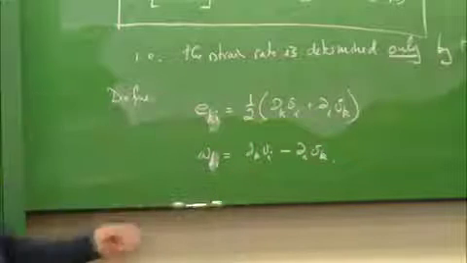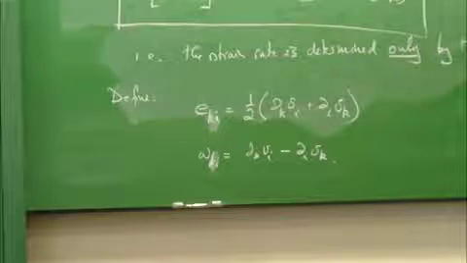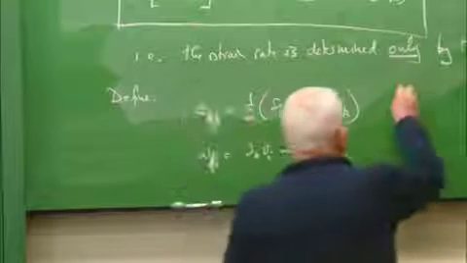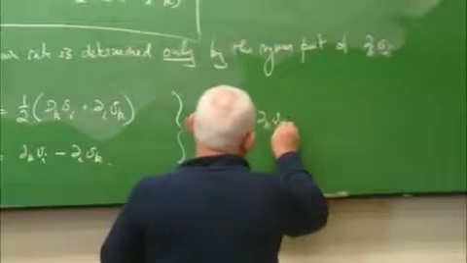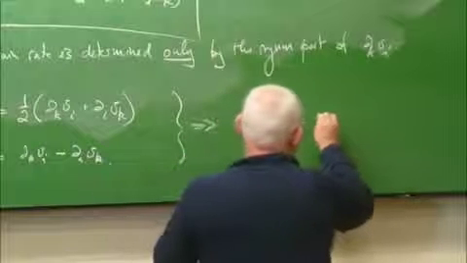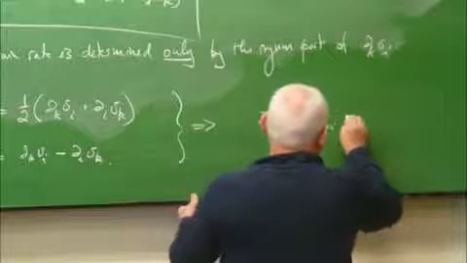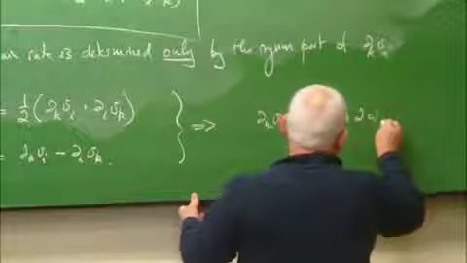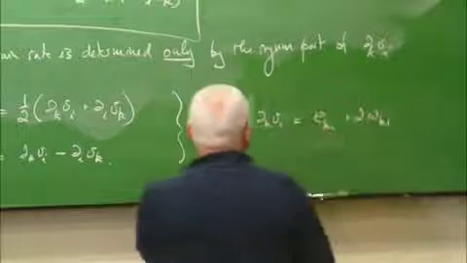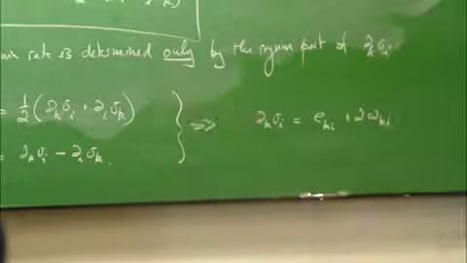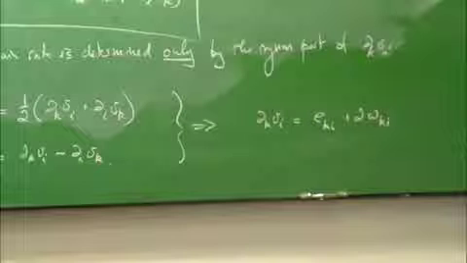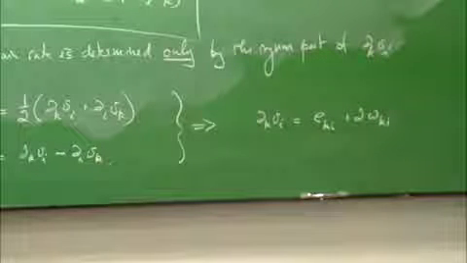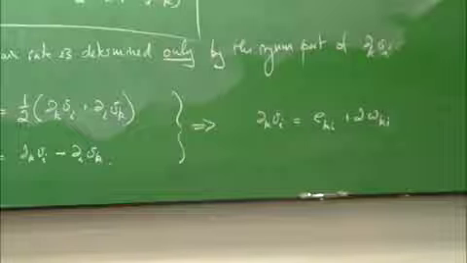No factor of 1/2 in that one. So what it means is that dk vi is going to be eki plus twice omega ki. These are just shorthand symbols for the symmetric and the antisymmetric part. There is no deep significance in them.